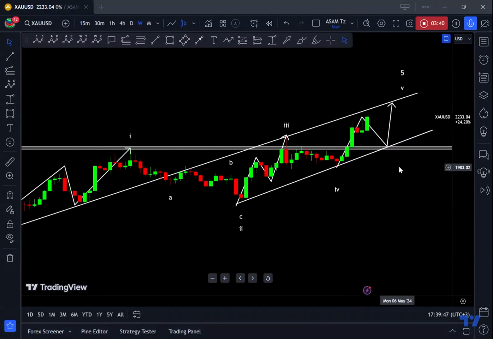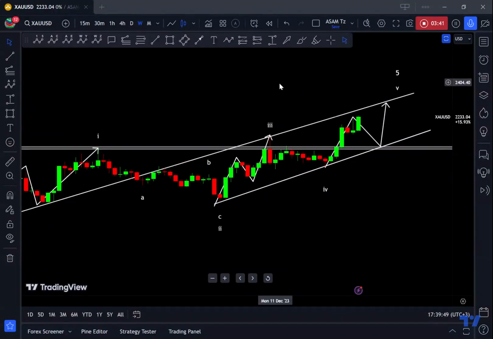That's very powerful. Even if the monthly and weekly time frames are bullish, it doesn't mean we don't have corrections in between. We can have corrections in between, but in a longer projection we are looking bullish.